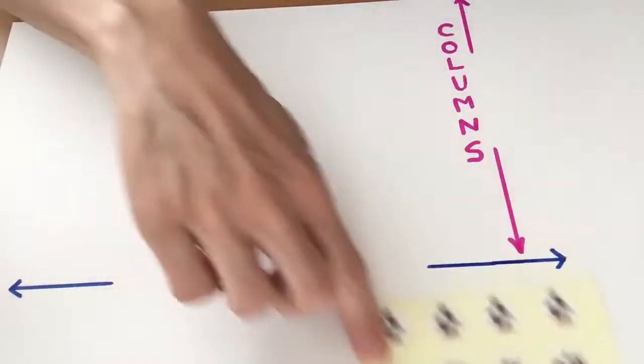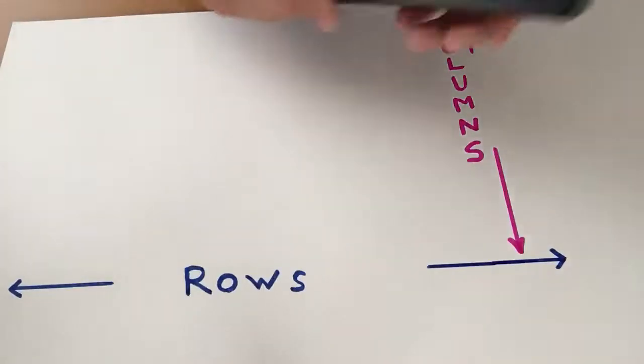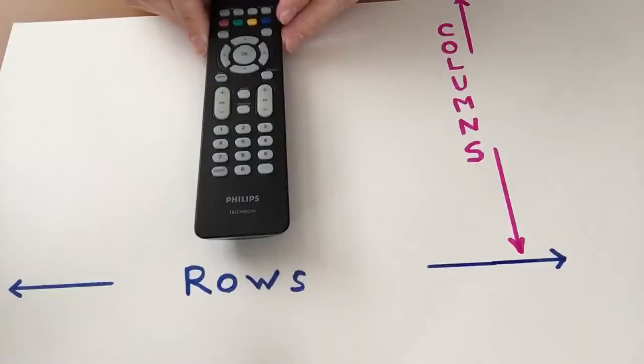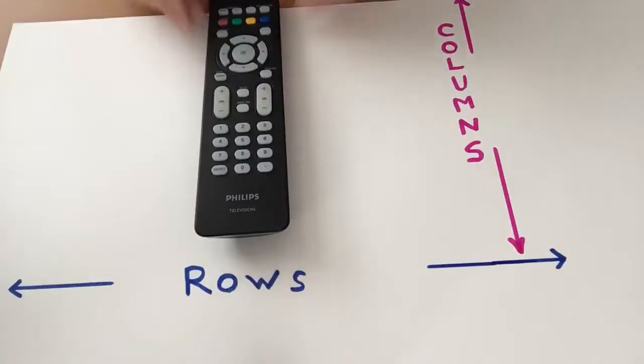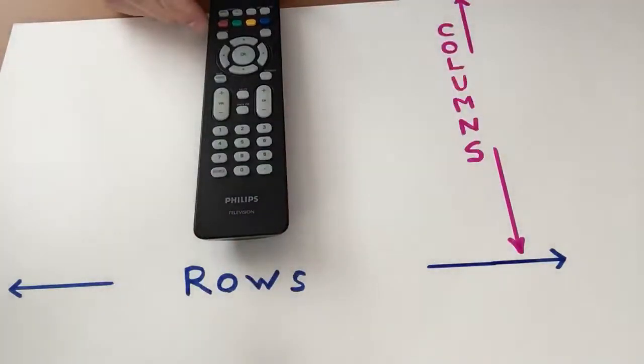I would like for you guys to look in your houses for arrays. I was looking around and I found this, the remote. Do you see an array in the remote? Yeah, there's arrays in the remote.